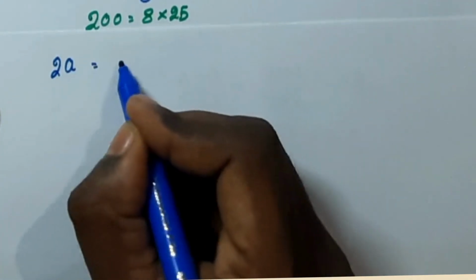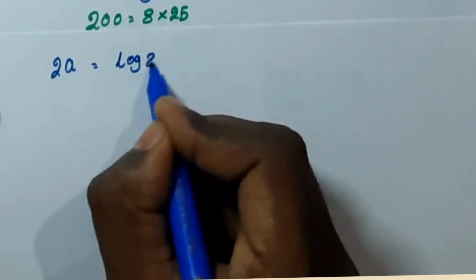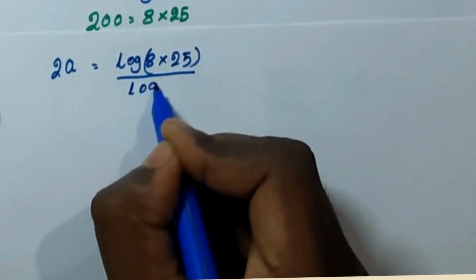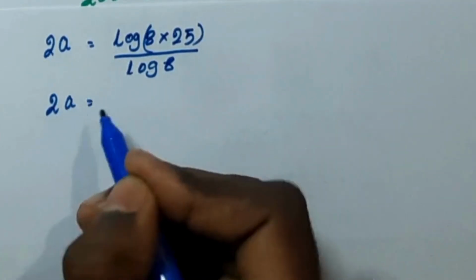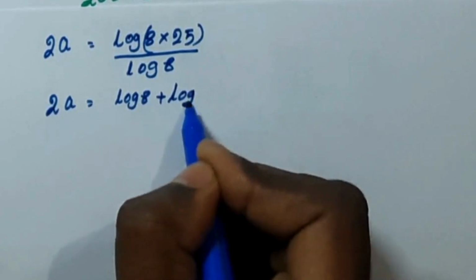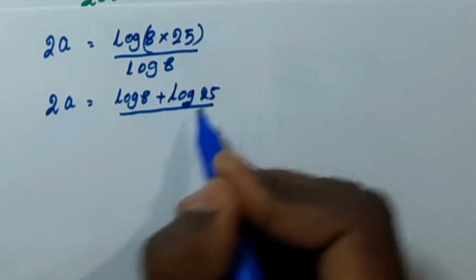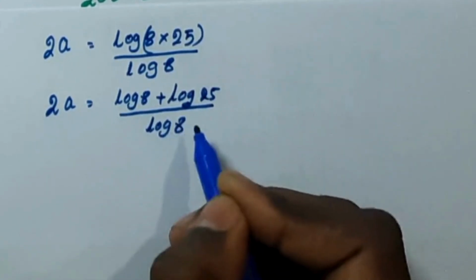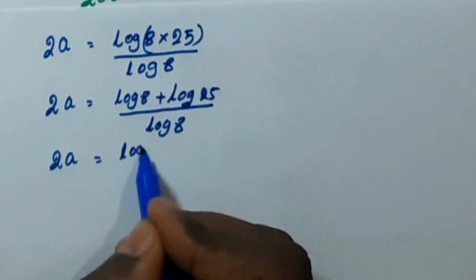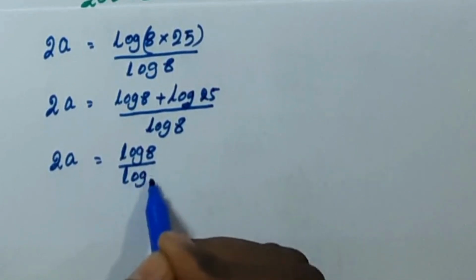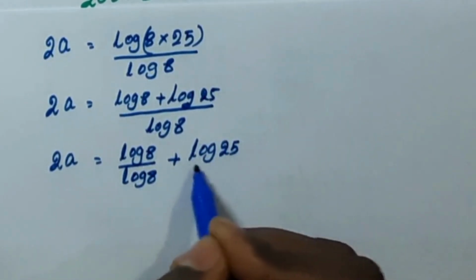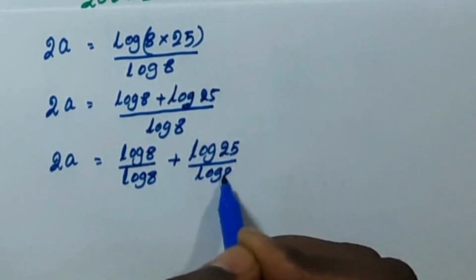2a = log(8 × 25) / log 8. 2a = (log 8 + log 25) / log 8. 2a = log 8 / log 8 + log 25 / log 8.